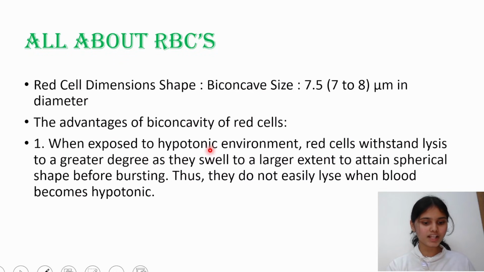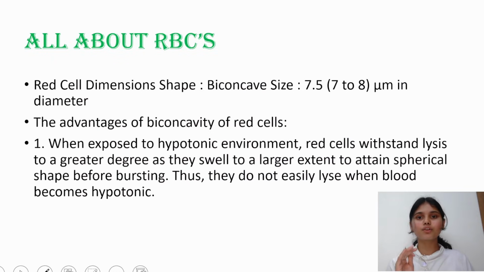And when they are exposed to a hypotonic environment, red cells withstand lysis to a greater degree, as well as swell to a larger extent to attain a spherical shape before bursting. Let's say I keep my RBC in a hypotonic environment. Because of its biconcavity, it can swell up to a good size and attain a spherical shape, and still your RBCs do not burst.